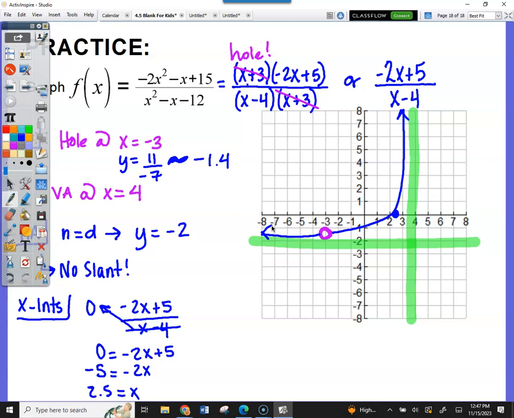What numbers could I plug in? 6, or even 5. I could plug 5 and 6 in. I need to know where it is over here. So go to the cleaned up one and plug it in.